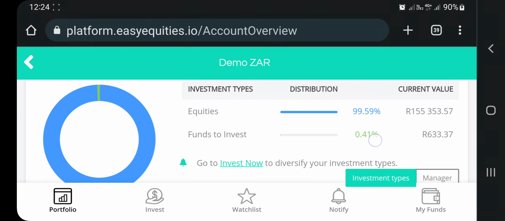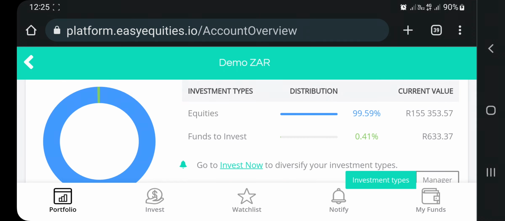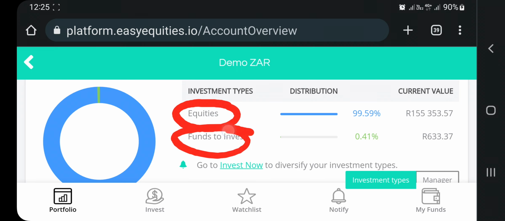Here, I'm sure most of you have seen this one. Here are the investment type, distribution, and current value. So equities: if you only buy shares, it's going to appear here. If you also buy crypto, you're going to see crypto somewhere. If you have ETFs, if I'm not mistaken, they're also going to appear here under your investment types.